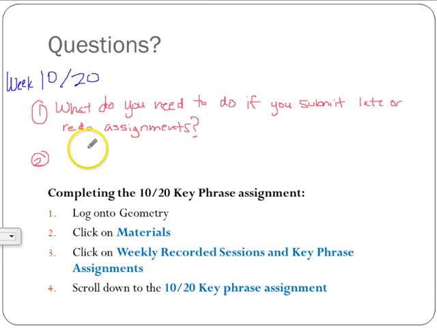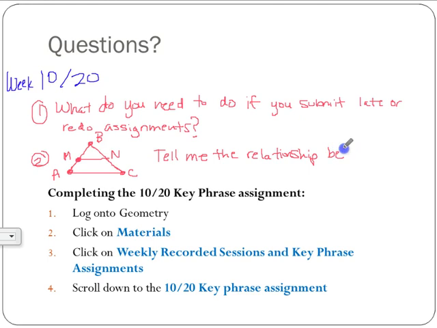Let's do a picture of a triangle, and we're going to label A, B, C, M, N. And I want you to tell me the relationship between segment MN and AC.